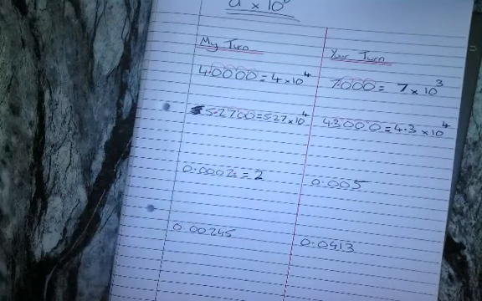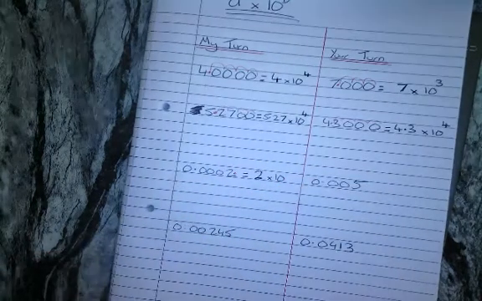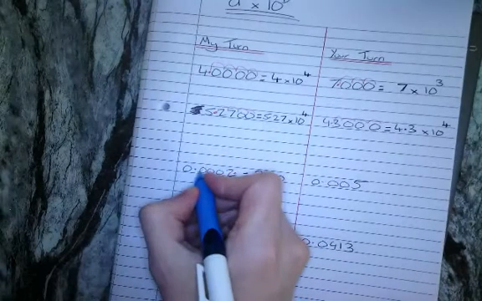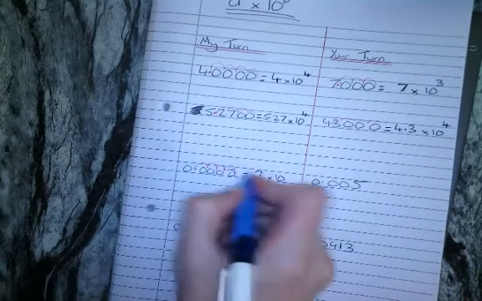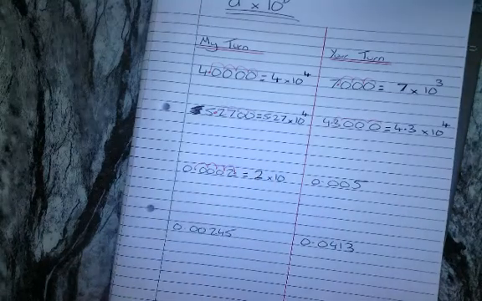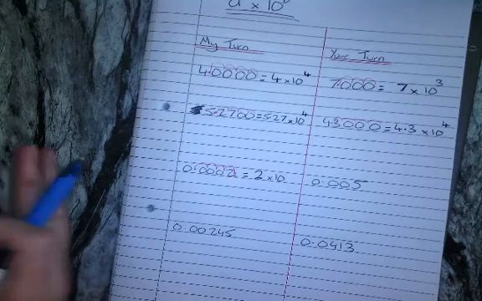Okay, then the main difference is, well, we still have times 10, so it's still times 10. But the main difference is if you look, the decimal point has actually moved the other way. Now it's moved 4 places, but it's moved to the right instead of to the left. And that's fine, so it's moved 4 places.